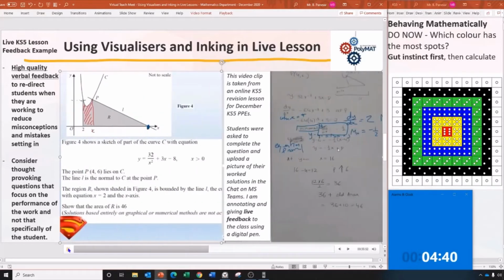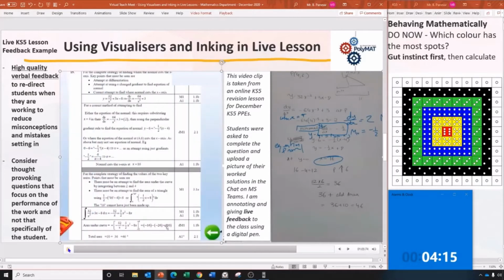You can either use, and then once you got this, y equals 0, that's fine. You just pluck that out of thin air, but I'm assuming that's correct. And also, because it's a show that question, you can't just do these things because they want to see every step. So yeah, it's good. You've done everything, but just the presentation has to improve a little bit so that you don't lose any marks, because this is a show that question. And just to show you, have a look at the mark scheme. This one, you have to show the steps. Otherwise, you're going to have problems. So please make sure the 16 cannot just have been made up.